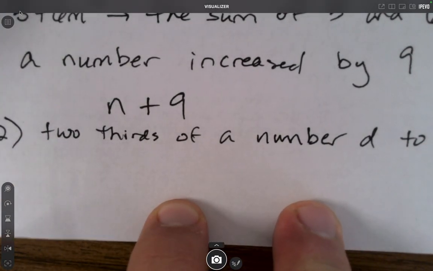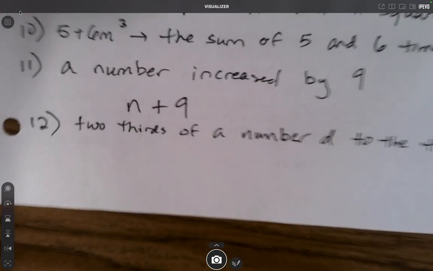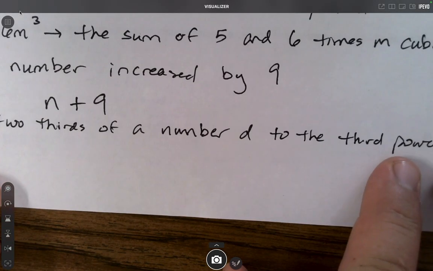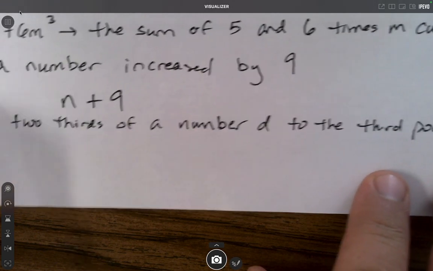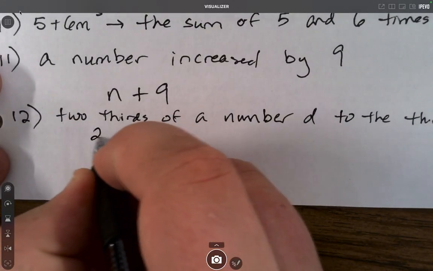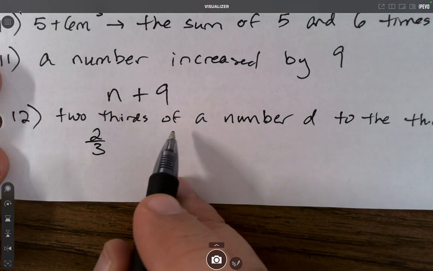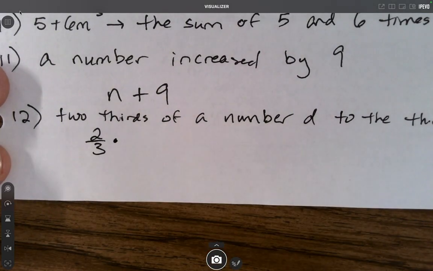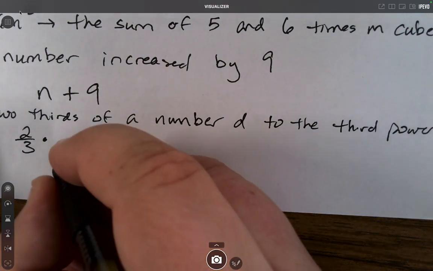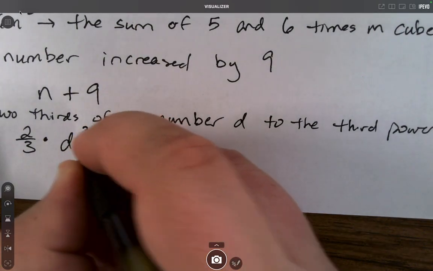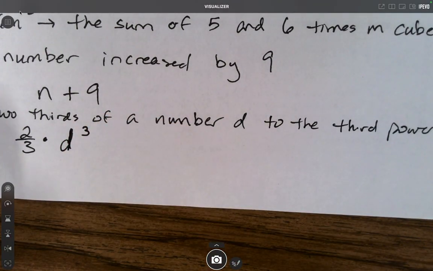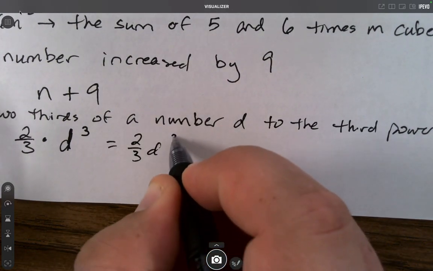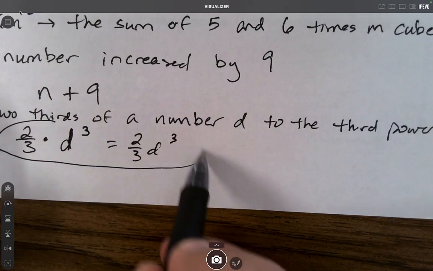Actually, I'll just back it up. I'll make it easier. 2/3 of a number d to the third power. So 2/3, we can just write as a fraction, 2/3. Anytime you see of, think multiplication. So we're multiplying 2/3 times d to the third power. So 2/3 times d cubed, or you could just write 2/3 d cubed. Both are equally correct. You can write either one of those.